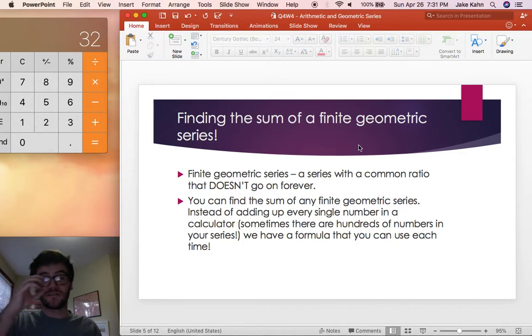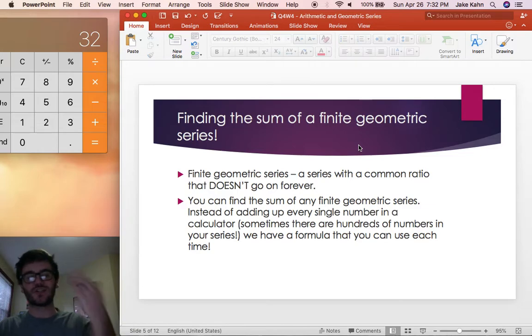So our first objective for the day out of 3, we have 3 objectives with examples that follow after each one, is finding the sum of a finite geometric series. If I give you a list of numbers, more specifically a list of numbers with a multiplication pattern, how do you find the sum? When I say a finite geometric series, that means that it is going to be a geometric series that has a start and an end.